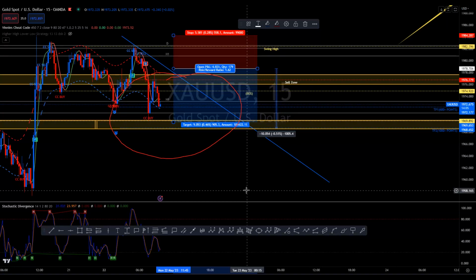It's right above that Bollinger Band, but it's right in the middle of the HMA. But the HMA is really curving, trying to curve red.